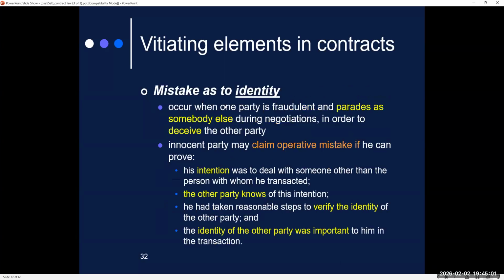And another kind of mistakes could be as to identity. Occur when one party is fraudulent and parades as somebody else in order to deceive the other party. Deception, deceive, cheat, like cheating.